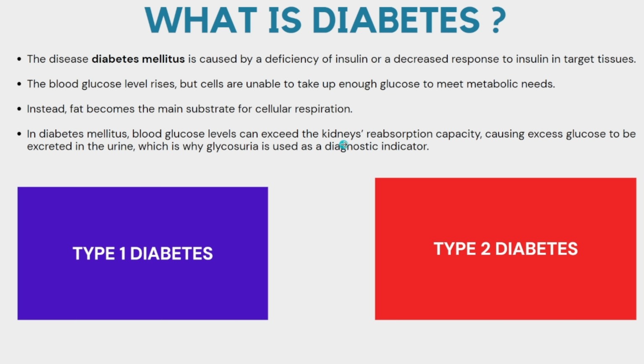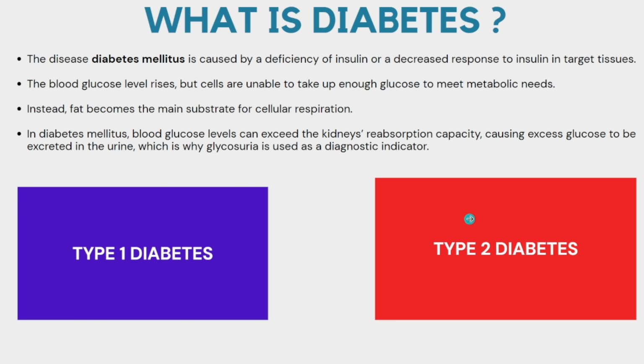Although we have not entered the kidney part, in SPM I think you already learned it. Kidney reabsorption will absorb all the glucose molecules, and you will not have any glucose remaining in your urine. But if it remains, it means you already have diabetes, because there is too much glucose in the blood.